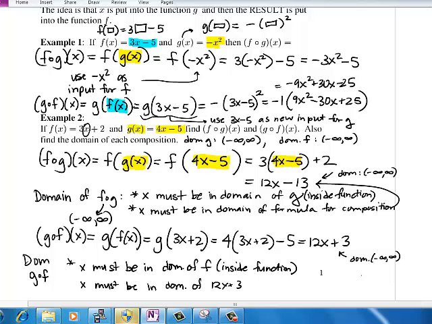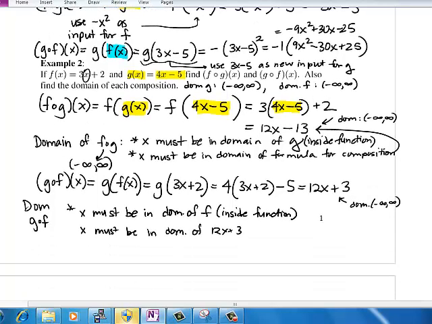Which, in this case, again, both are all reals, so the domain for g circle f will be all reals. This will be more interesting when we have some functions with restricted domains, but for this one, both compositions would have all real numbers for their domains.